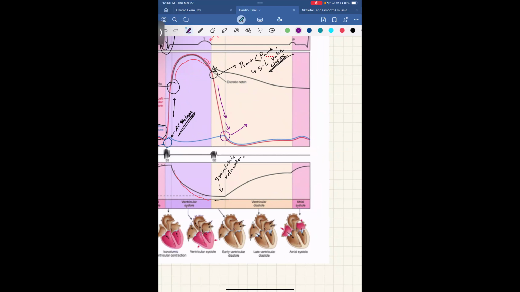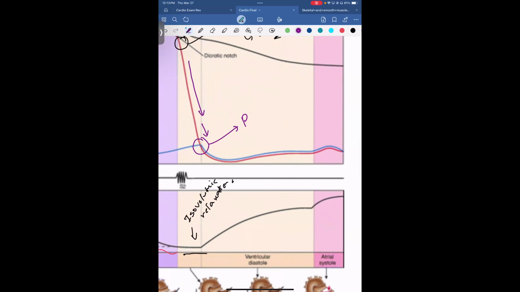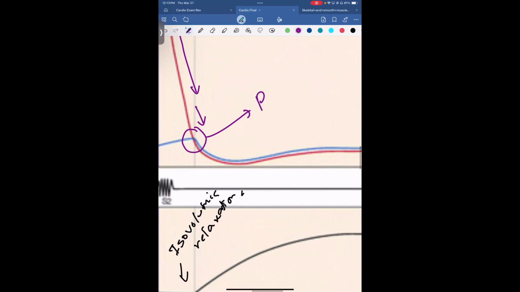Which one is higher? The red is the ventricle and blue is the atria. So the atria pressure is higher than the pressure in the ventricle, which means what? Which valves would open or close first? The AV valve. Open?